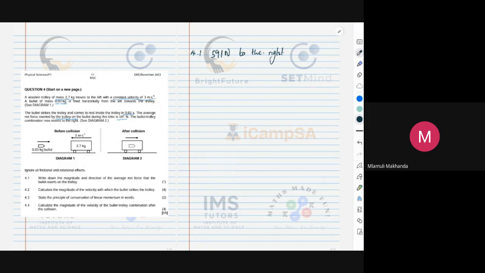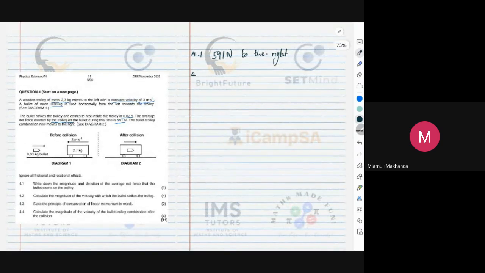Okay, but please remember. And then here in 4.2, they are asking to calculate the magnitude of the velocity with which the bullet strikes the trolley. So what they're actually asking for is the initial velocity of the bullet, because they said it comes to rest inside.